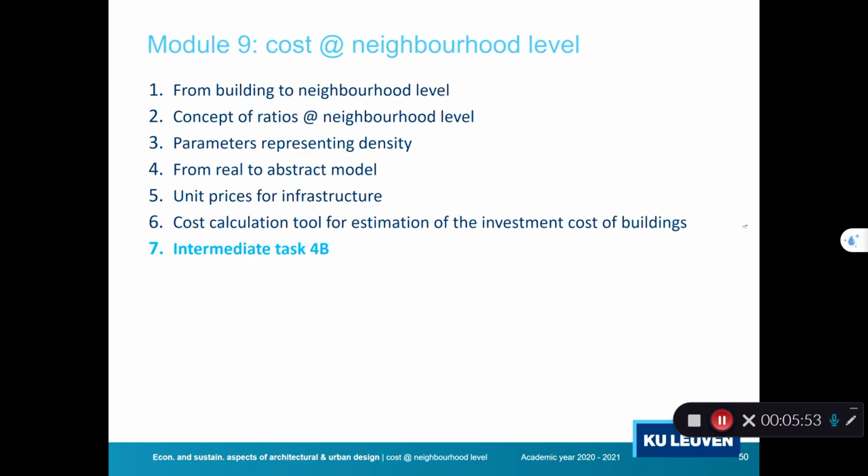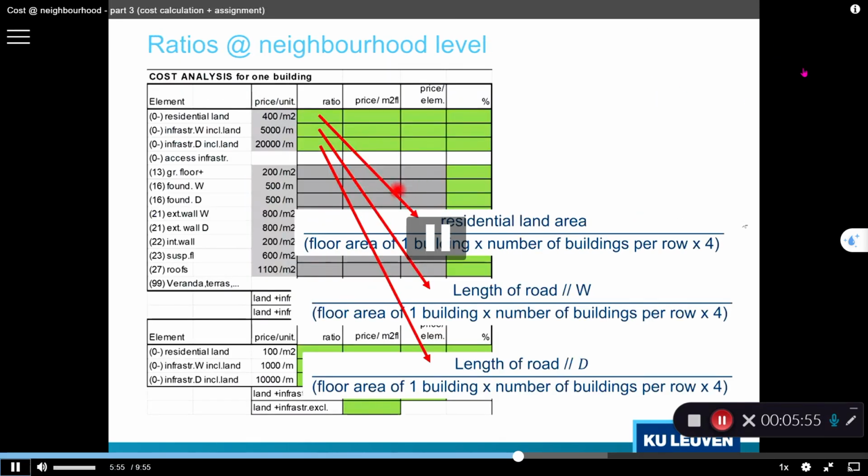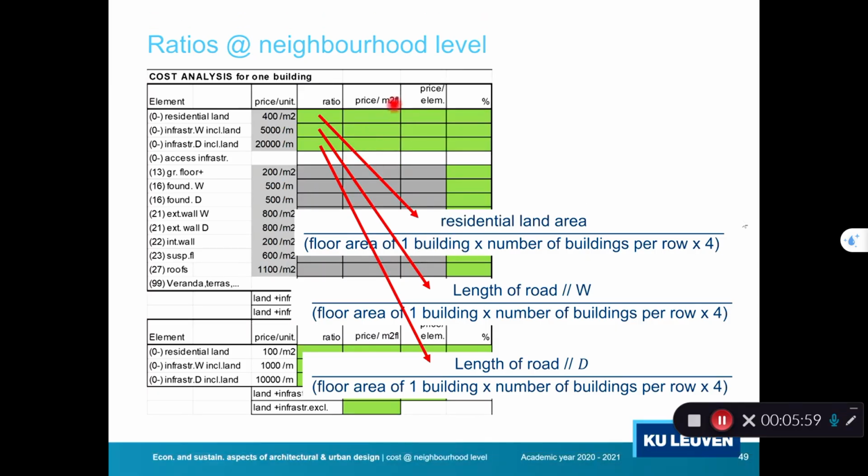These are the three ratios, and by these three ratios, you multiply again to calculate the price per square meter floor, and you can calculate the full price by multiplying this price per square meter floor by the number of floors you have in your building, and then you have the total.